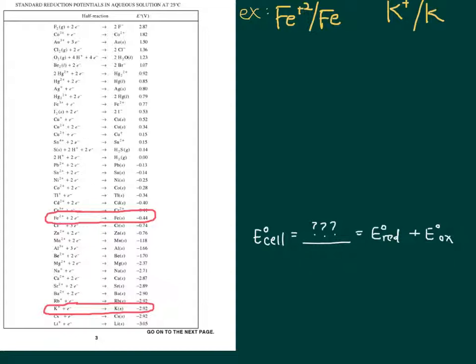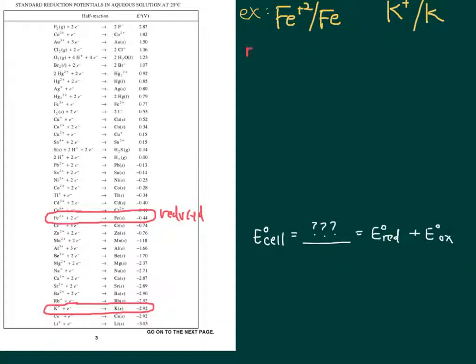So if you look at your E0 reductions for iron and potassium, you will see that the iron has a higher potential, a more positive reduction potential than potassium does. So what that tells me is that my iron is going to be the one that gets reduced.